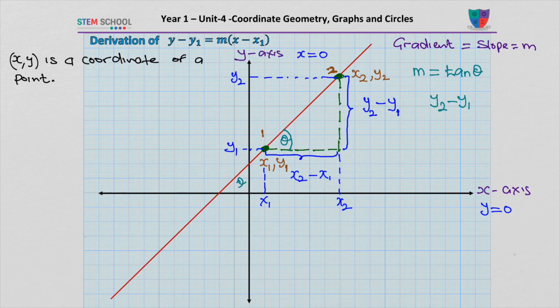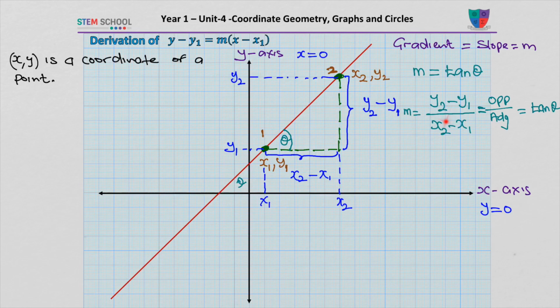That angle theta has the opposite here, and the adjacent is going to be x2 minus x1. So that's opposite divided by the adjacent, and the adjacent is x2 minus x1.